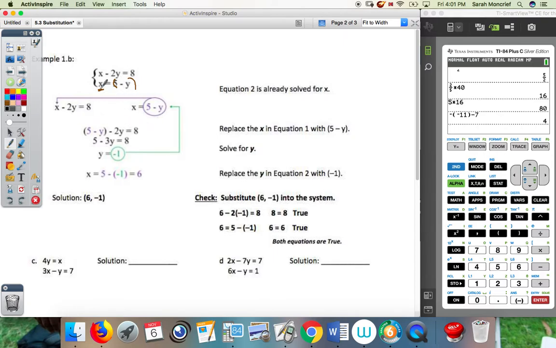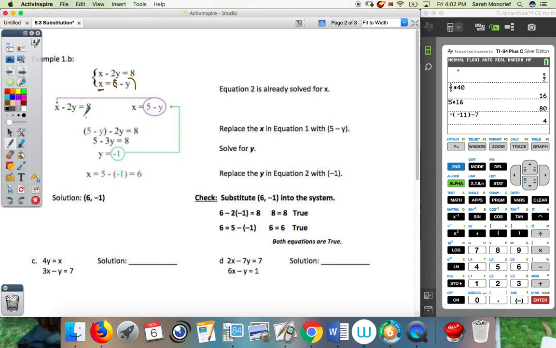We put this example in because we know that we have a hard time saying let's use x. We kind of want to always use y, but we have x, so let's go with x. So now we have 5 minus y minus 2y is equal to 8.